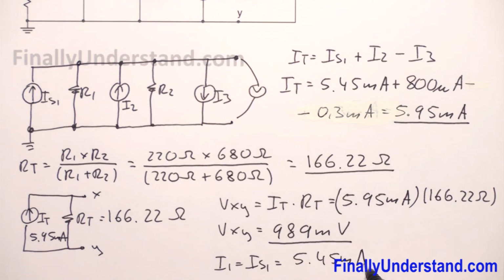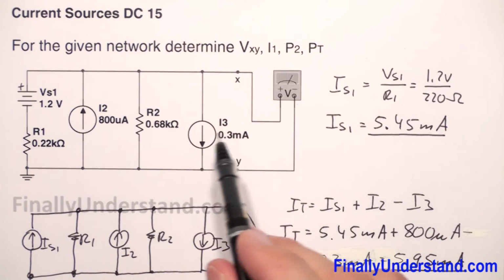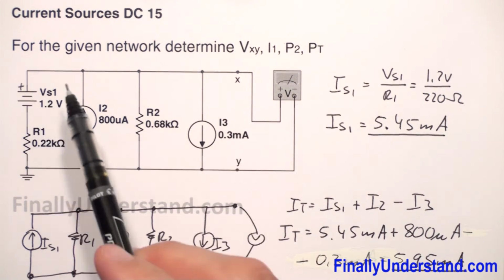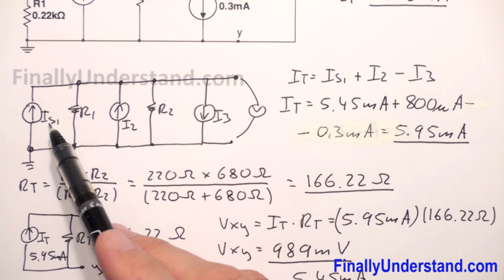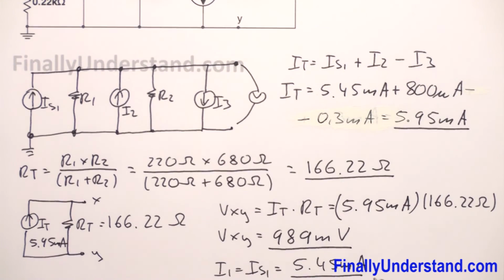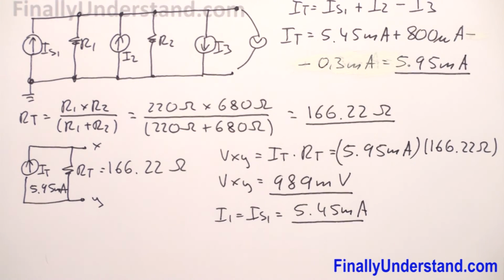Because we have I2, I3, so my first current source has to be labeled I1. I put IS1, but this is the same current, so IS1 is equal to I1, and this is equal to 5.45 milliamps.